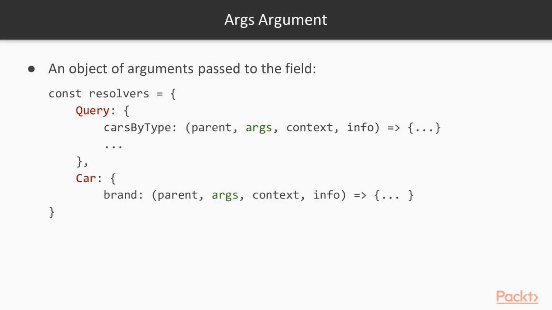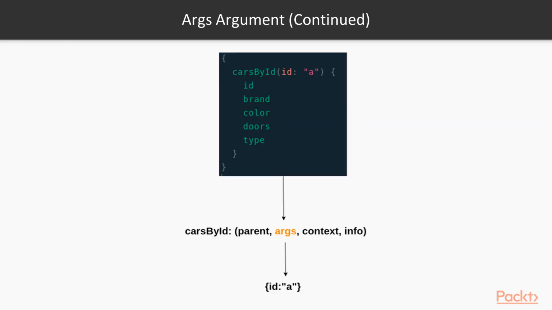Okay, in the second position is the args argument, which is an object that we're passing to our queries or mutations. In this example, carById takes the argument id, and on our resolver side it is translated to id as an object.